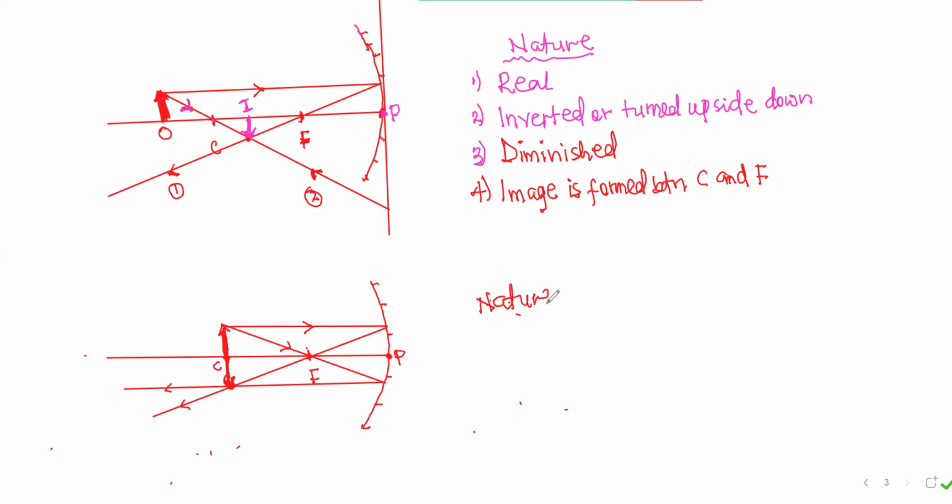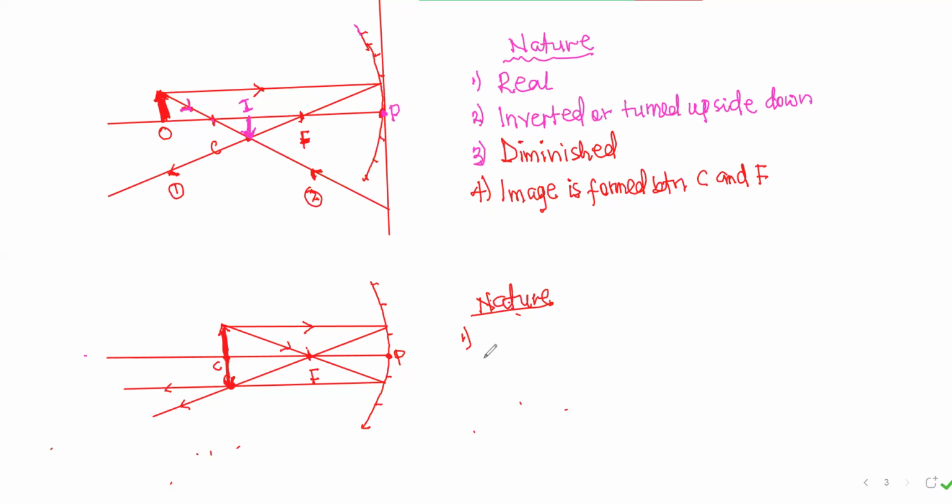Yes, can you help? What is the nature of the image formed here? One, image is what? Let's not waste time, please. Virtual, come again. Somebody is saying virtual, somebody is saying real. Which is which?